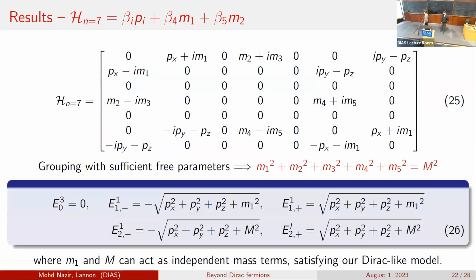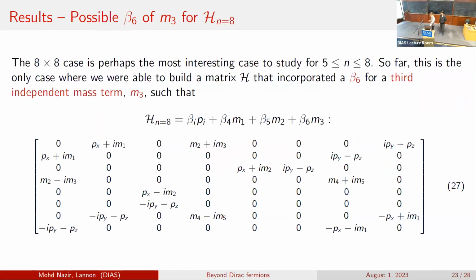Another case for n equals 7 that we obtained was using this parameterization method by adding M3, 4, and 5. Again, same story, we can set big M squared equal to that sum of squares and replace with M squared in the eigenvalues to obtain the correct dispersion.